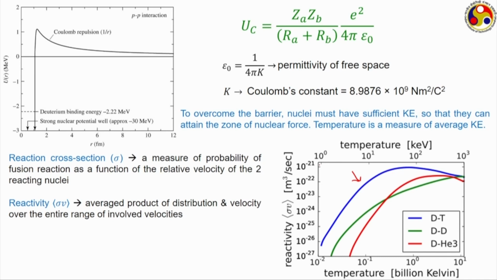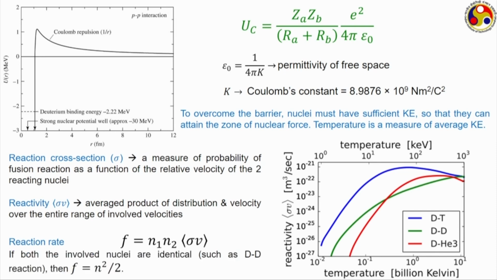This is a logarithmic scale, and that is why at a level like this, the reactivity is only of the order of 10 to the minus 25 for a DD reaction. It is at least two orders higher for a DT reaction. The reaction rate is given as n1 n2 times the reactivity, where n1 and n2 refer to the nuclei densities of both involved particles, which generally are deuterium and tritium.